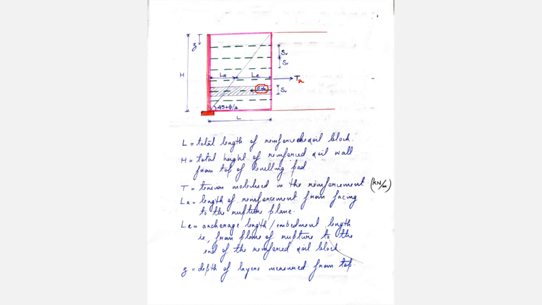So these are the two forces. Then this line indicates the rupture plane, which is usually seen for a retaining wall. Generally, these types of rupture planes are observed in a reinforced soil retaining wall constructed using polymeric materials.